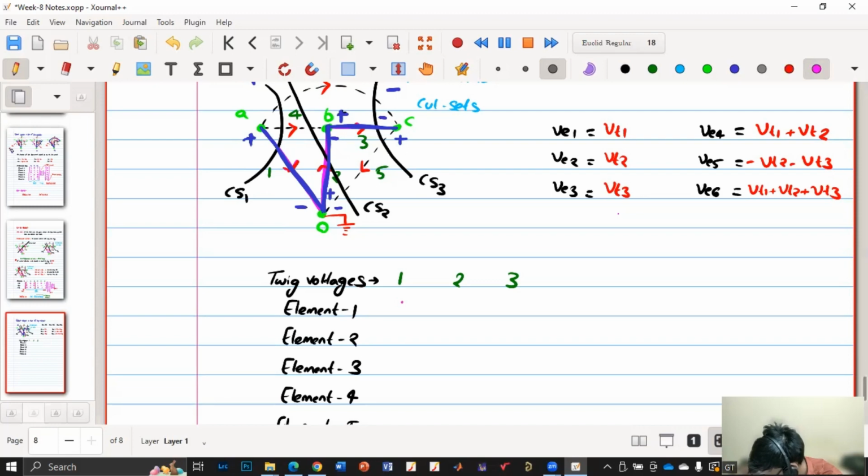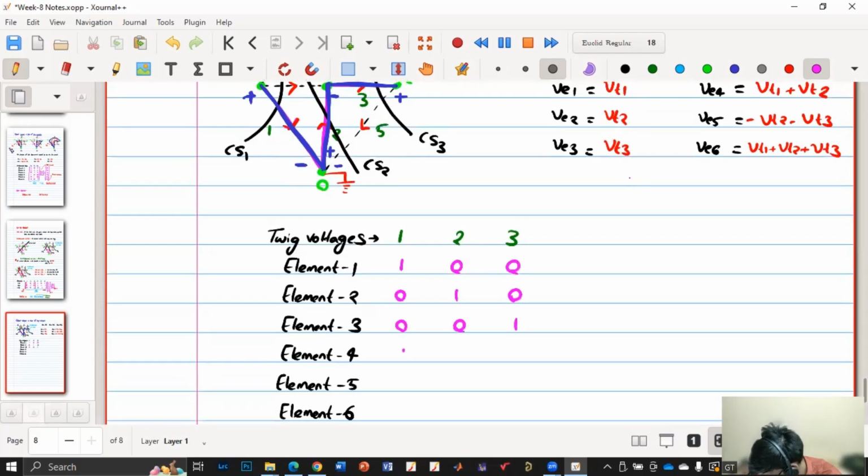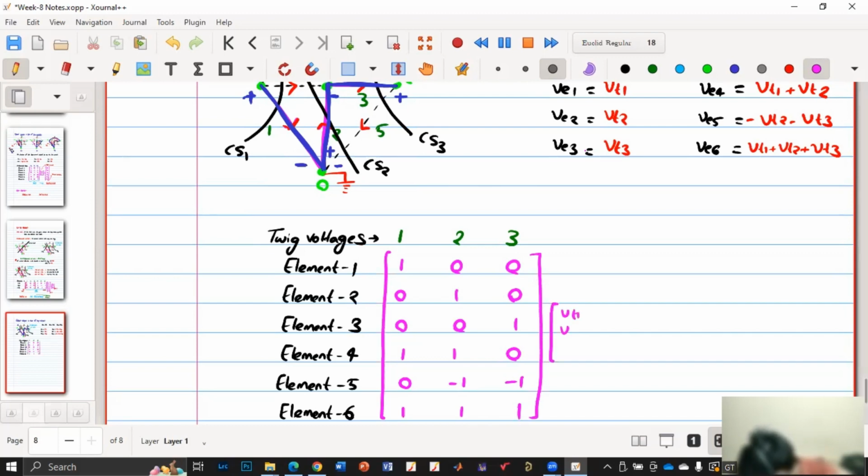So this is 1, 0, 0, 0, 1, 0, 0, 0, 1. Now VE4 is VT1 plus VT2, then VE5 is minus VT2 minus VT3, and this is 1, 1, 1. So the entire thing, multiplied by the twig voltages VT1, VT2, VT3, is equal to the element voltages VE1, VE2, VE3, VE4, VE5, VE6.